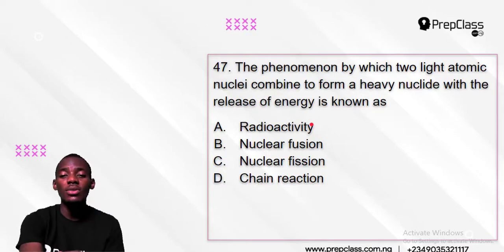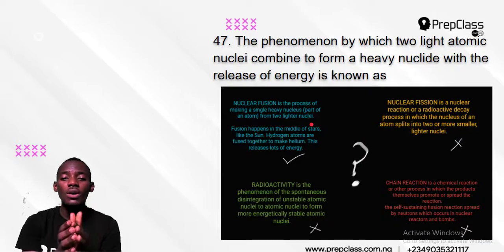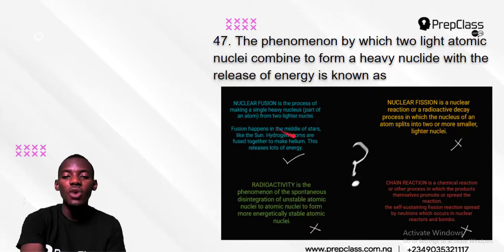Nuclear fusion is the process of making a single heavy nucleus, part of an atom, from two lighter nuclei. Fusion happens in the middle of stars like the sun. Hydrogen atoms are fused together to make helium. These release lots of energy.